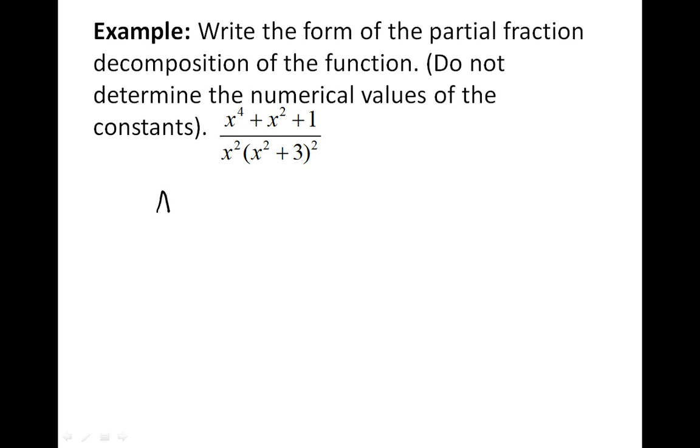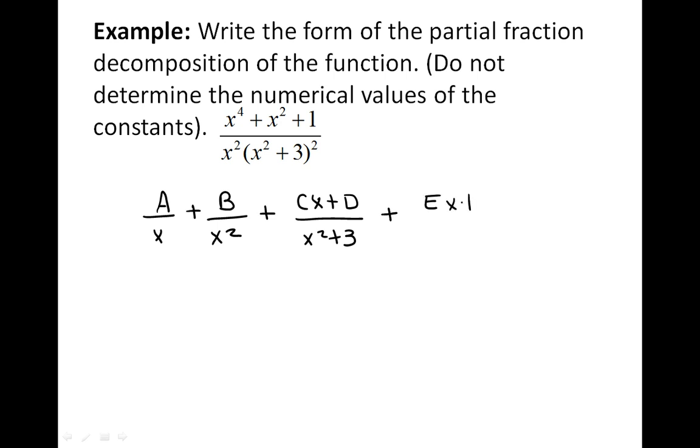You would have A over x, plus B over x squared, plus Cx plus D over x squared plus 3, plus Ex plus F over x squared plus 3 squared. That's the form that that would take.